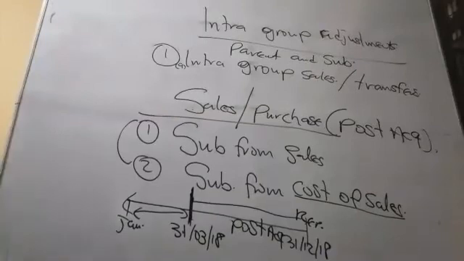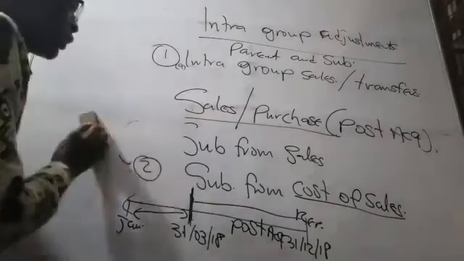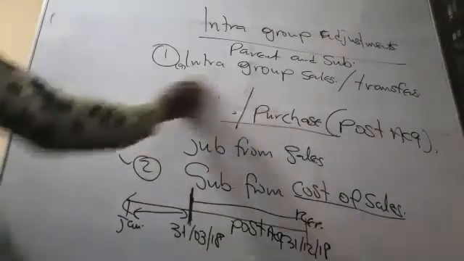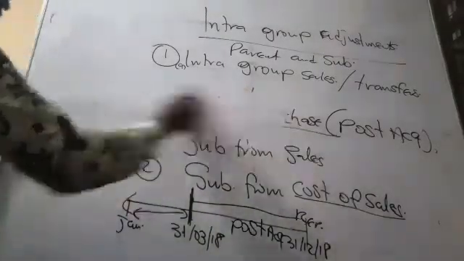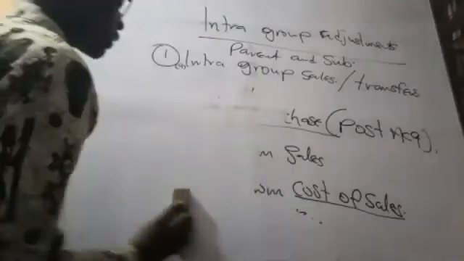Now, let's move on to the next item, the B. Number 1B, we said that normally creates what you call unrealized profit. So anytime there's post-acquisition sales and some of the goods are left in inventory, there is unrealized profit.